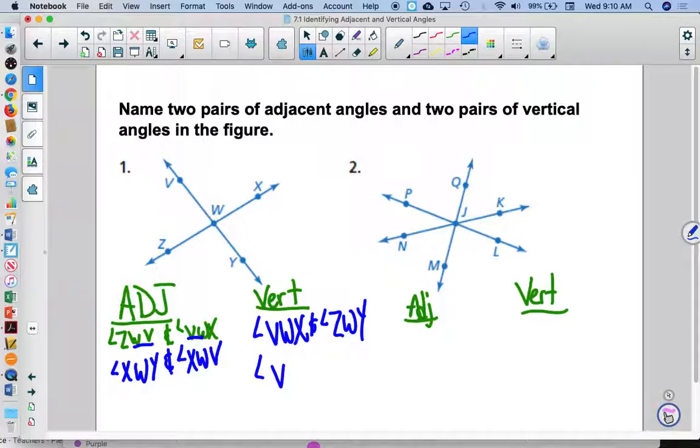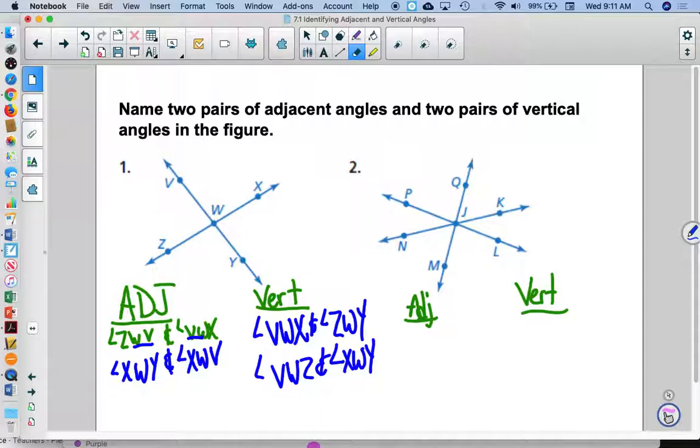VWX and VWZ. VWX, VWZ would be adjacent, not vertical. Okay? What about VWZ and angle XWY? Would they be classified as vertical? Yes. Okay?